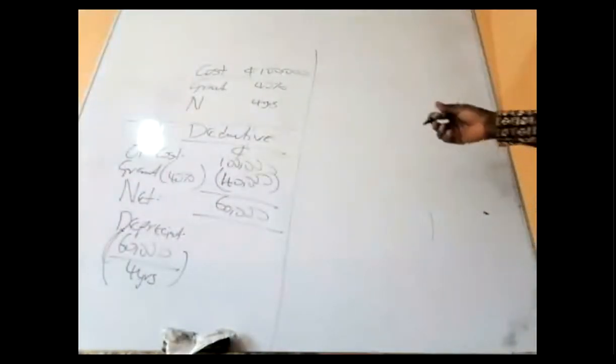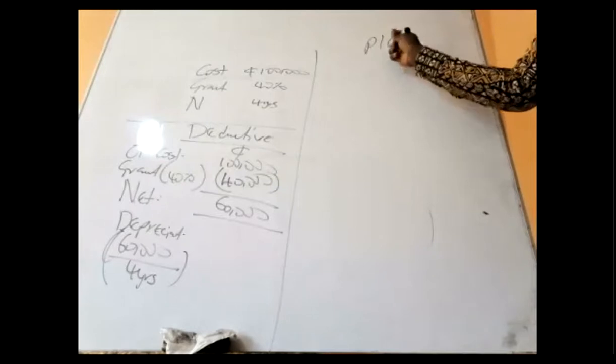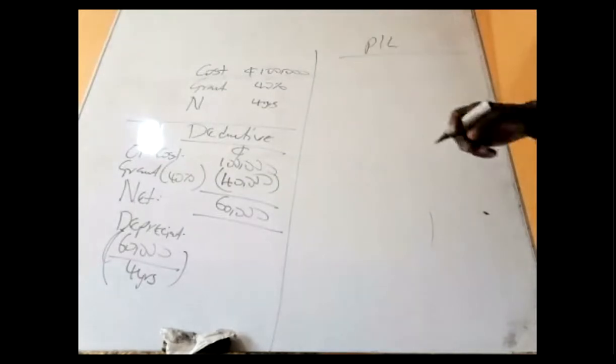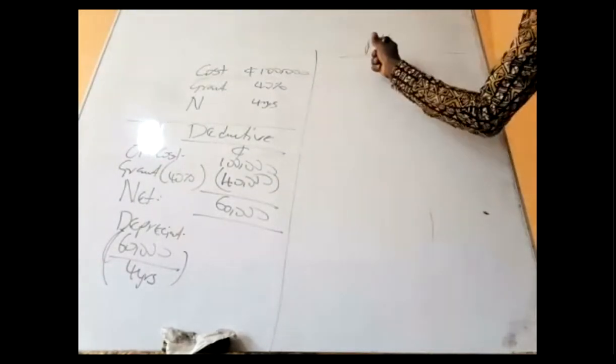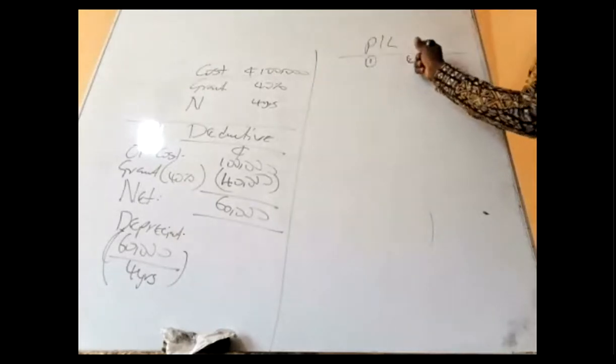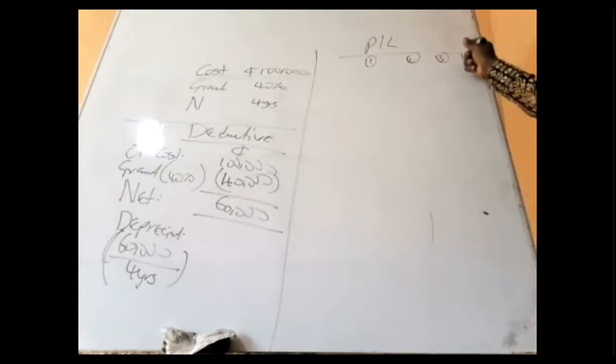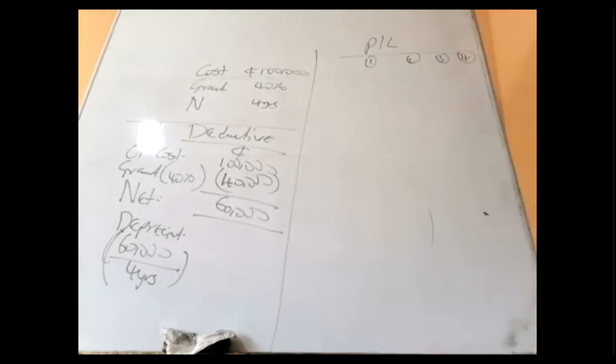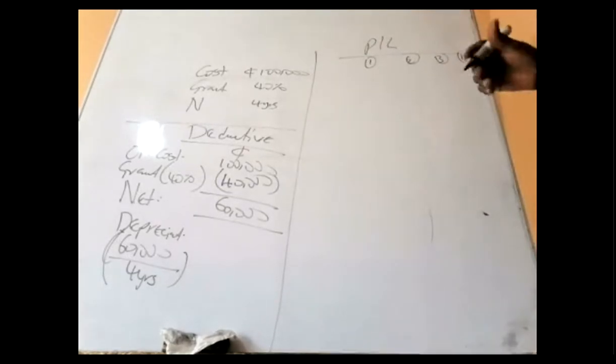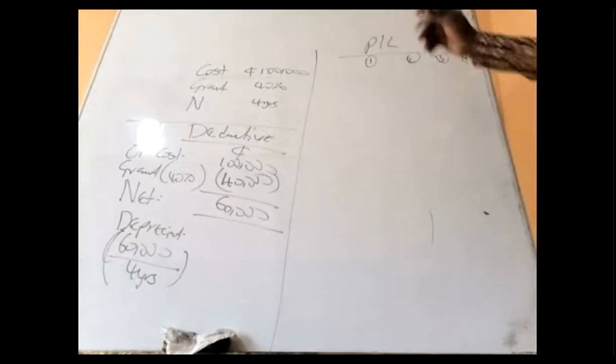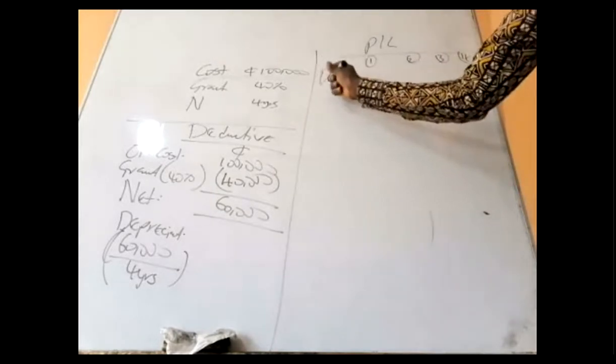So let's see what the P&L will look like. Year 1, year 2, year 3, and year 4. Depreciation will be recorded here.